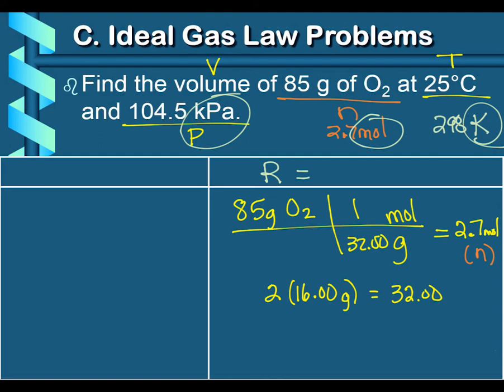Well, my only R value that has mole Kelvin and kilopascals is the one that was 8.315, and that was decimeter cubed kPa over mole Kelvin. So it looks like my volume unit is going to be decimeters cubed, which we said is also equal to liters.